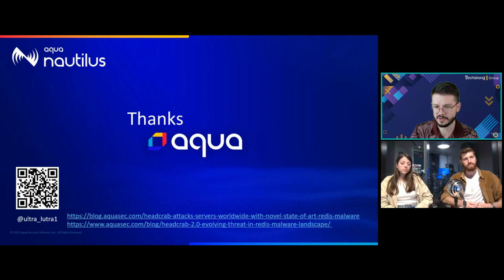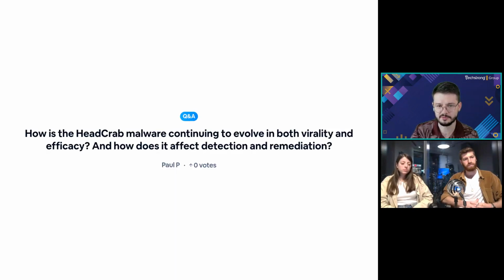How is the HeadCrab malware continuing to evolve in both virality and efficacy? How does it affect detection and remediation? So we've seen an example of that with the custom commands. This is a switch that HeadCrab has made. We assume that after our blog post, he probably understood that this is the way that we found the victims.